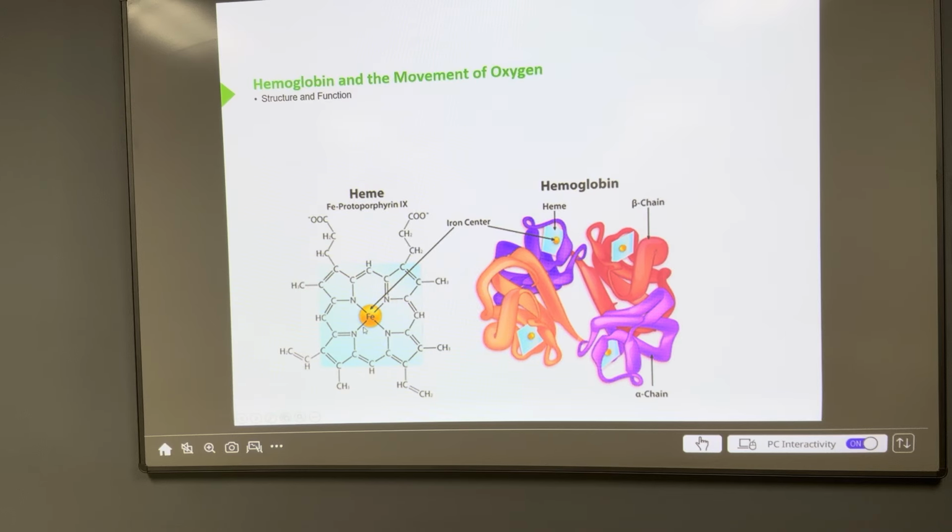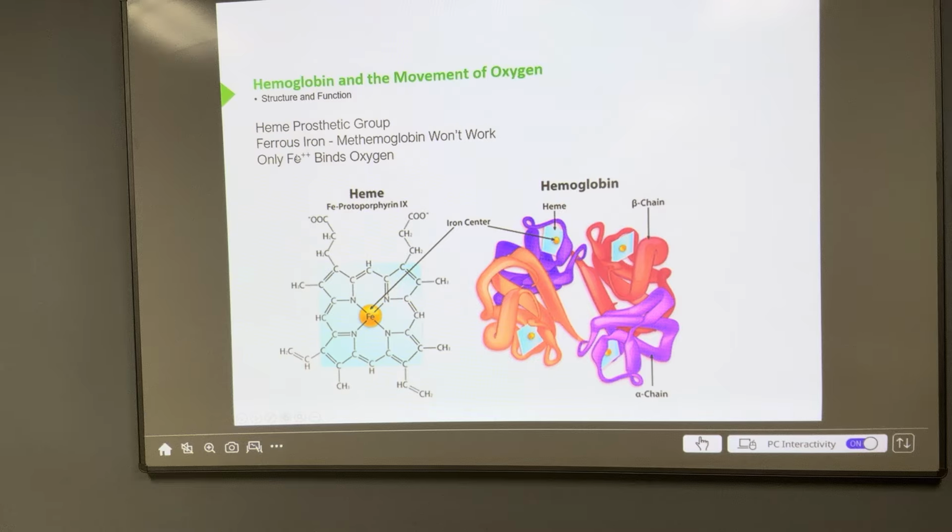Okay, so this iron is a metal, and you have 4 groups, 2 alpha and 2 beta. The 2 alpha are purple and 2 beta are red. And on each group, whether alpha or beta, you have 1 heme, and 1 heme is going to bind oxygen, dioxygen, O2, and the heme is in the ferrous state.